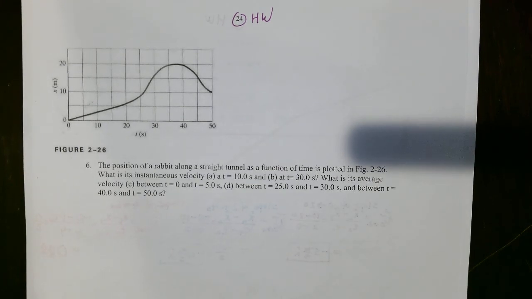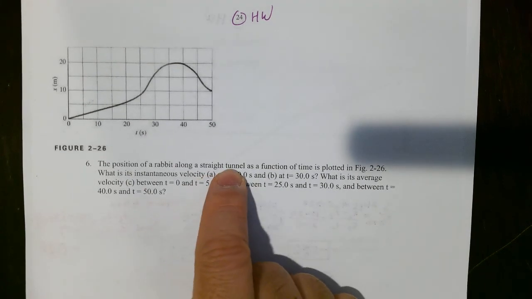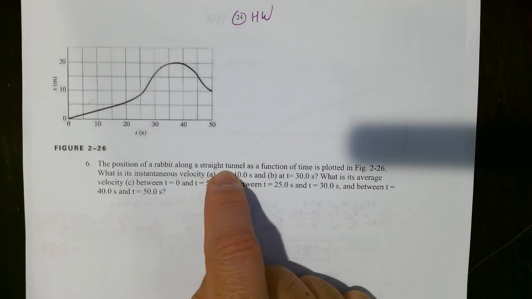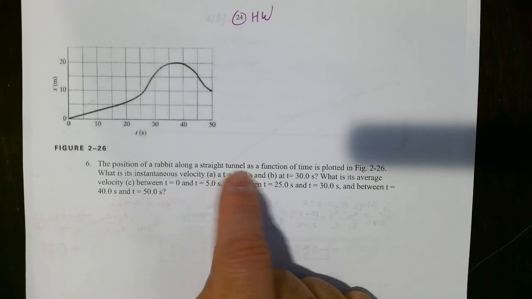So again, this is a position versus time function, and this is about a rabbit, a ferocious rabbit, right? So the position of a rabbit along a straight tunnel. The tunnel is the x-axis, and it's a straight tunnel, okay?